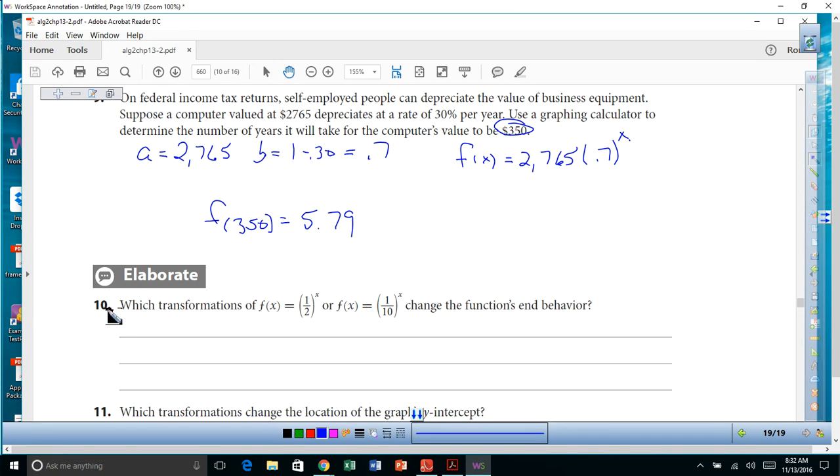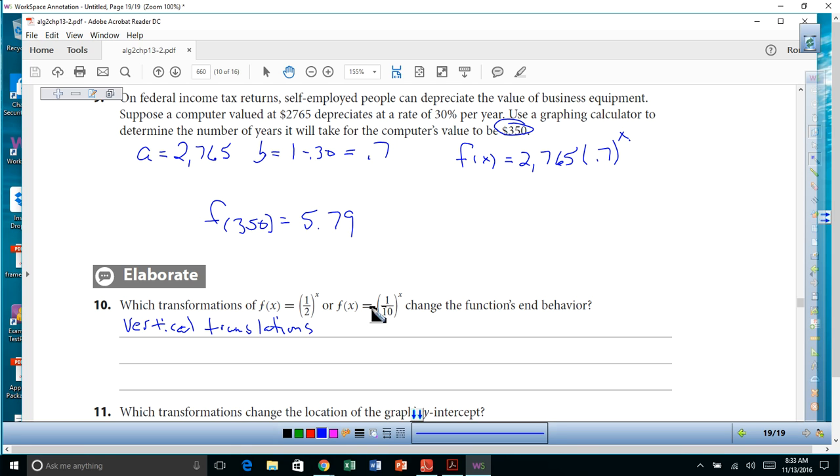So vertical translations change the asymptotes and thus change the end behavior.